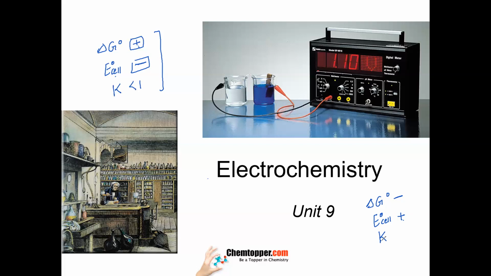K is the equilibrium constant. It's a ratio of the product to the reactant, so K is greater than 1. If K is greater than 1, E naught cell is positive. It's a spontaneous reaction. Are you getting electricity or generating electricity? The chemical reaction can take place because delta G is negative. So are you getting electricity in this? Electricity is generated.